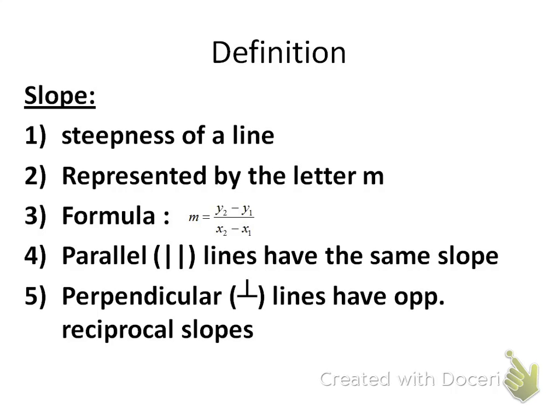Here's a list of important things to know about slope. Slope, by definition, is the steepness of a line. We use the letter m to represent slope, as you can see in this formula right here. Slope is basically finding the change in your y values over the change in your x values.